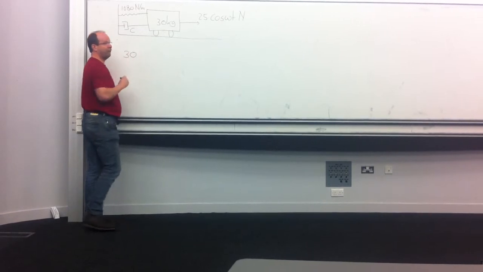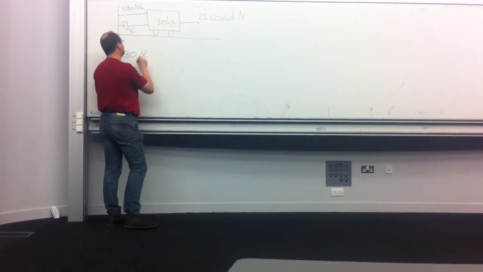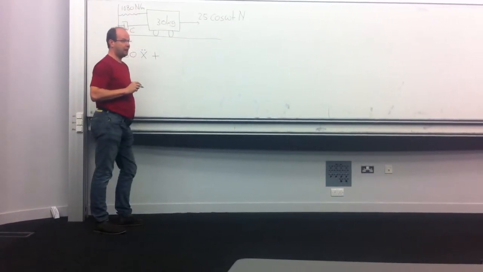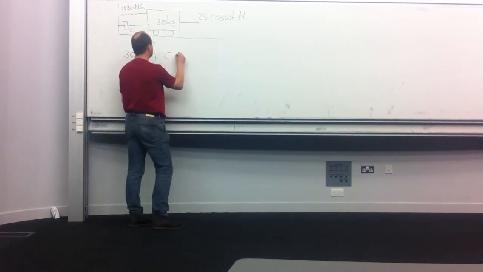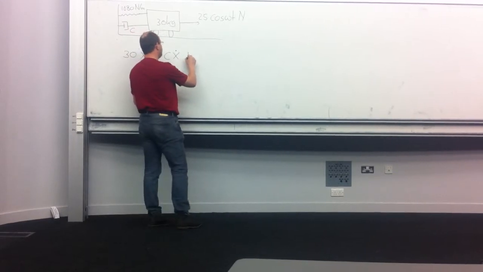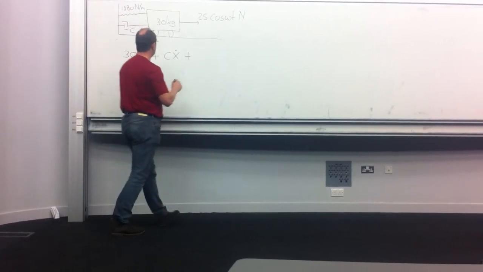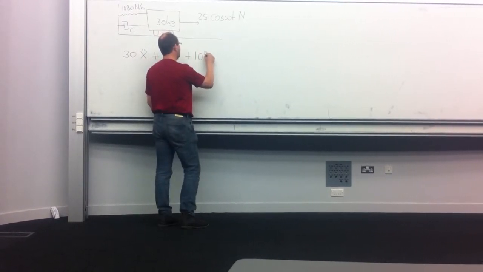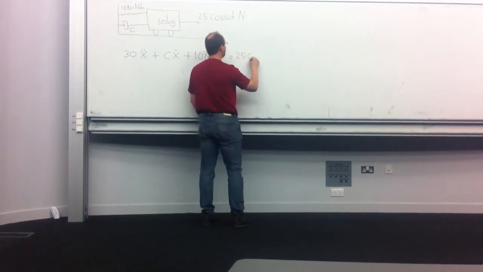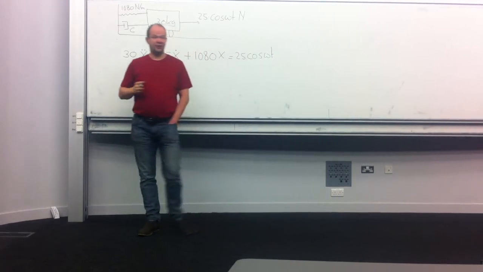So I get a mass 30 times x double dot plus damping constant, which is C, times x dot, plus stiffness 1080 times x is 25 cos omega t.